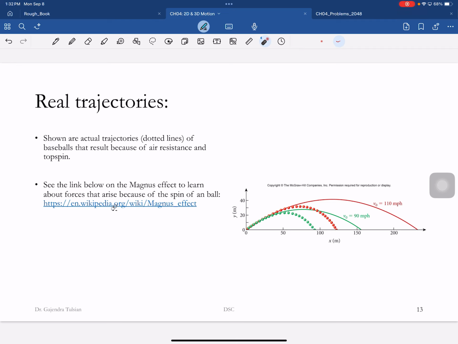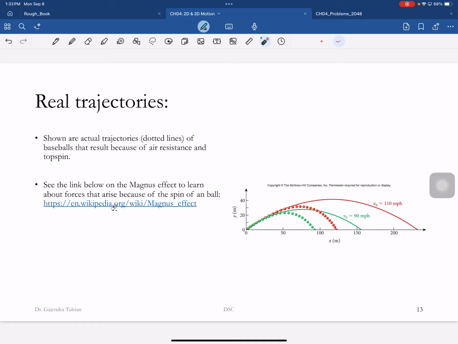Here's a parabolic trajectory. Here's another parabolic trajectory. Here's the trajectory of a real baseball or a tennis ball, let's say. So what can you tell me about these? For these, gravity is not the only force.